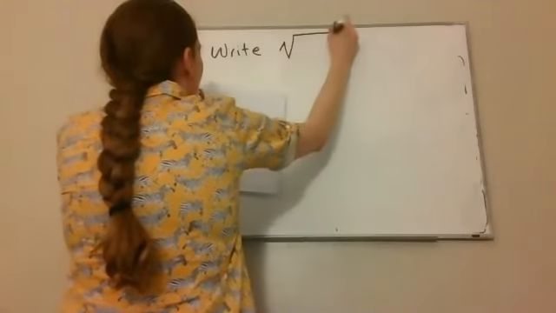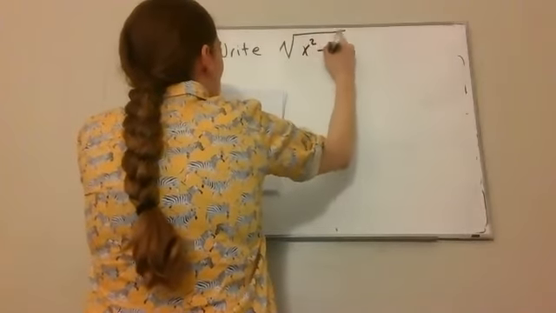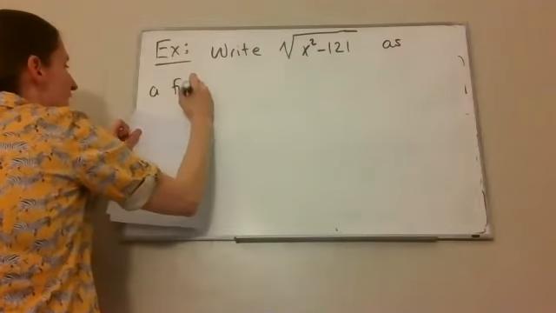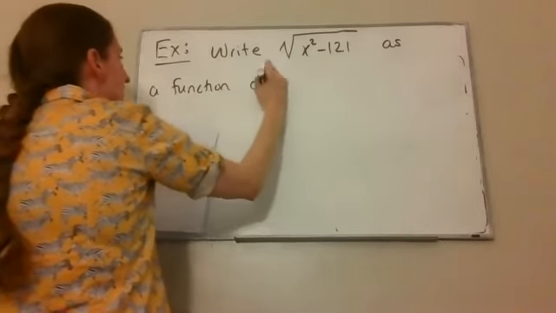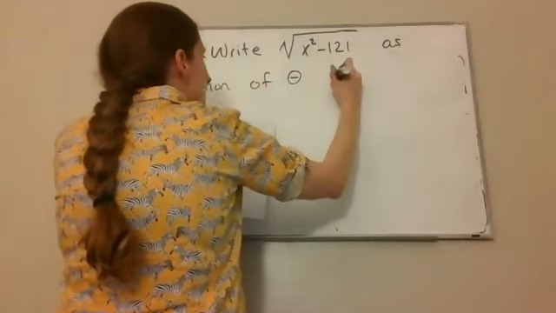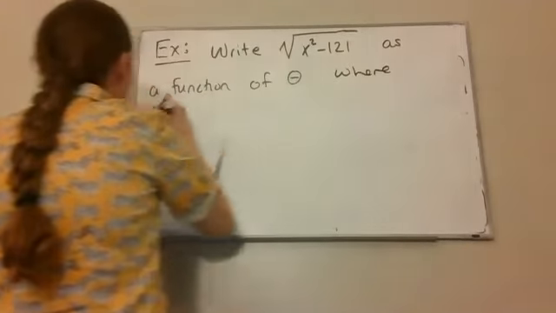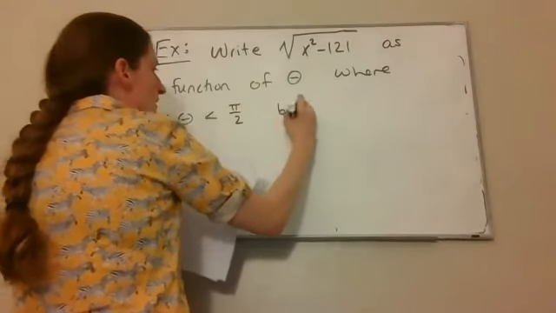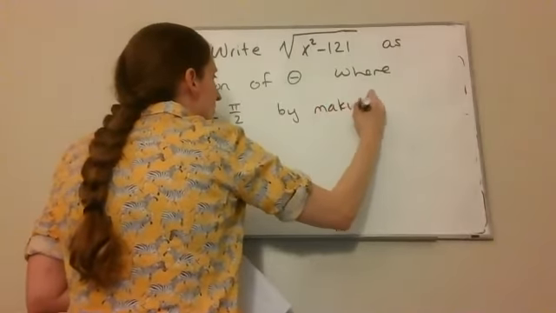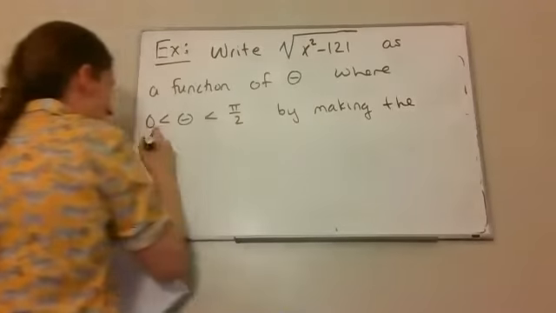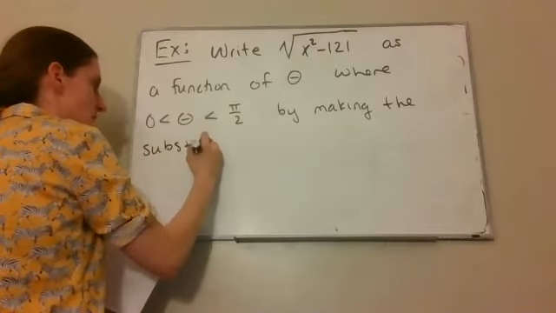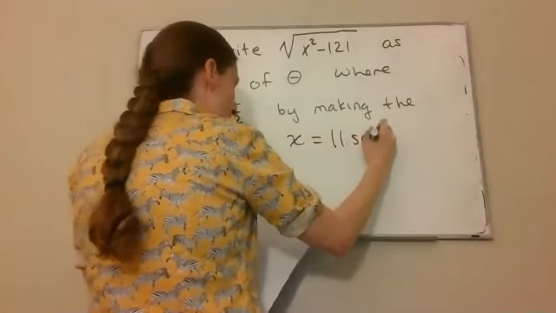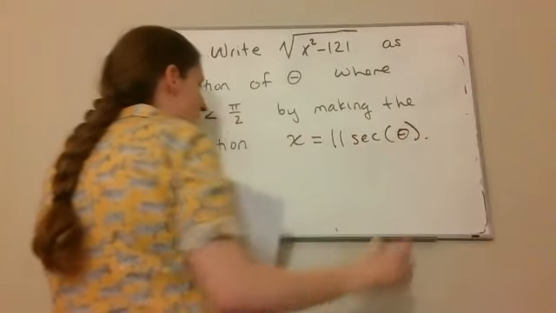Let's write the square root of x squared minus 121 as a function of theta, where 0 is less than theta is less than pi over 2, by making the substitution x equals 11 secant of theta.